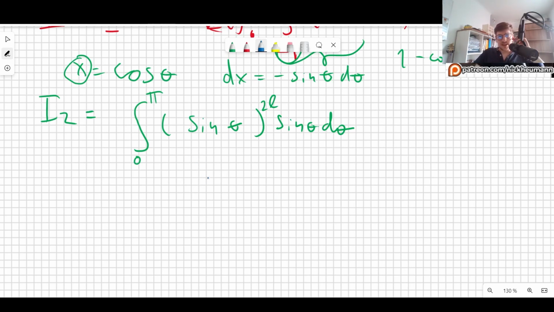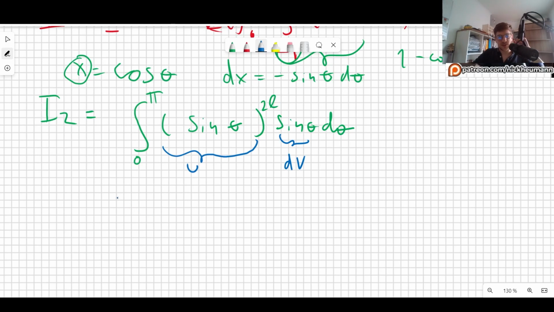So what we will do here is use integration by parts and choose this to be u and this to be dv. Why? Because since sine theta is to the power 2L, every time we take a derivative, the power will go down, and we will be able to get to a recursive formula.